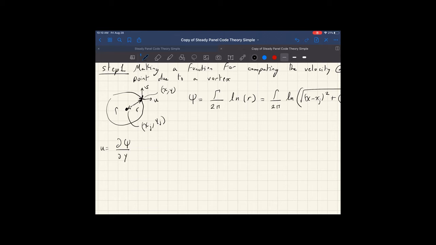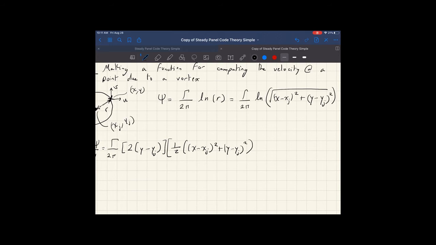So u is equal to partial psi partial y, which, and I'm not going to go over the actual derivative, I'm just going to write it down, but it's basically just a simple chain derivative where the result is gamma over 2 pi times 2 times y minus yj, times one half of x minus xj squared plus y minus yj squared to the power of minus half, and then multiplied by 1 over x minus xj squared plus y minus yj squared to the power of half.